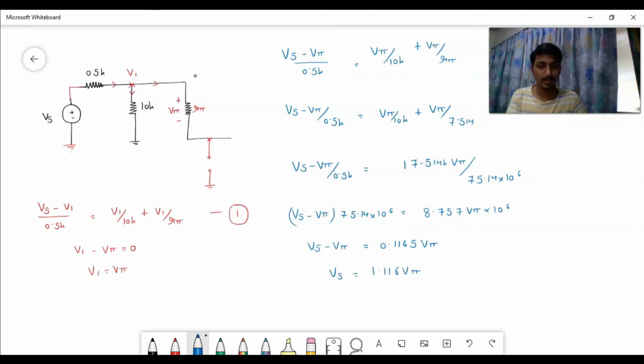Okay, so finally we have converted Vs in terms of V pi, and we have got V0 in terms of V pi.